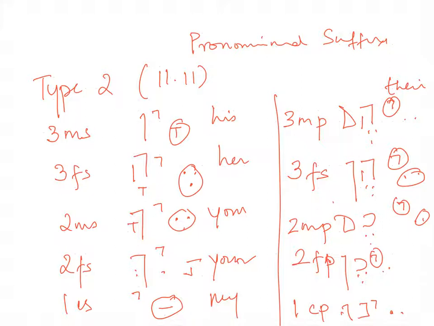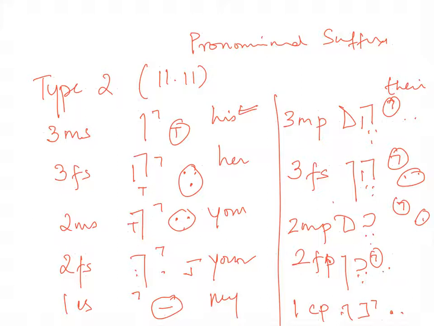Now, 3MS is ayav, translated here as his, which is a possessive value. It can also be, depending on what it's attached to, if it's attached to a preposition, an objective value. It will then be translated as him. 3FS is eha, which is translated as her as possessive, but also as her objective.